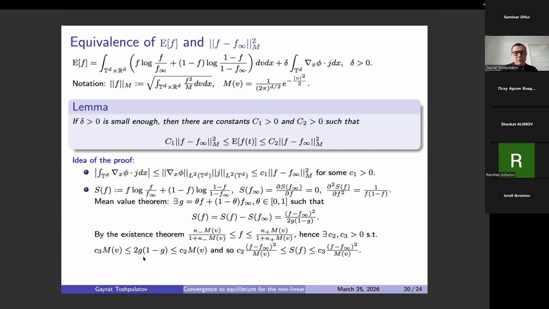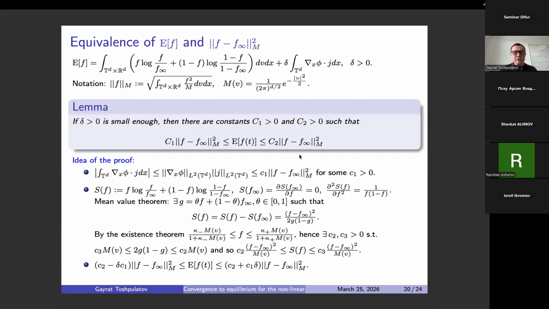We get this estimate from these bounds, and hence we can estimate this S with this one, and S appears here. So we need to take the integral. If we take the integral, it's equal to this norm. By combining the first estimate and this last estimate, we can get such an estimate.